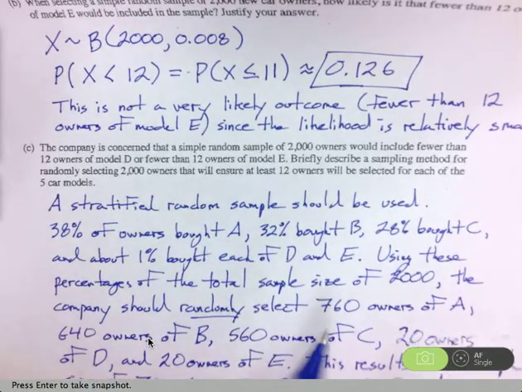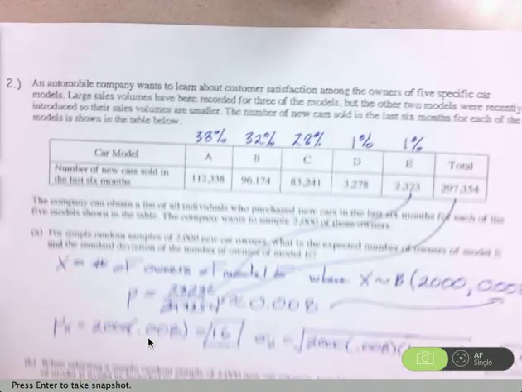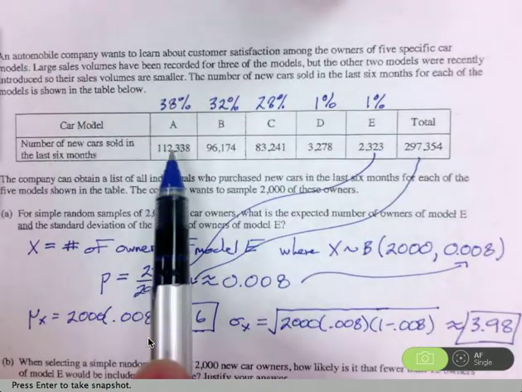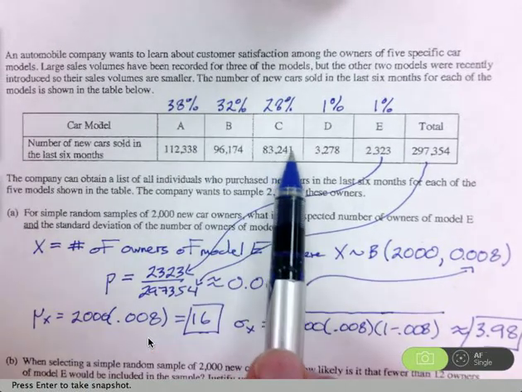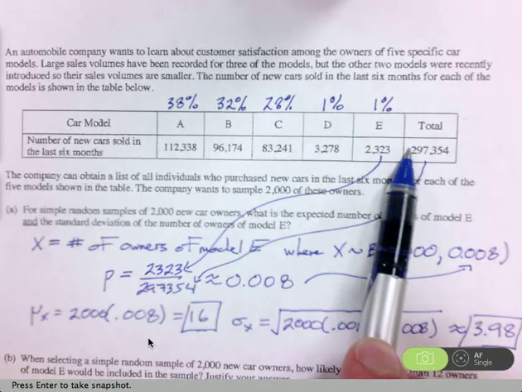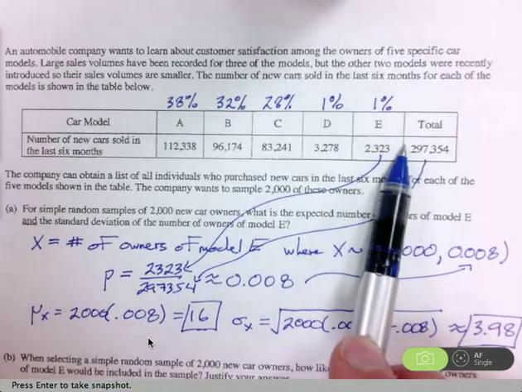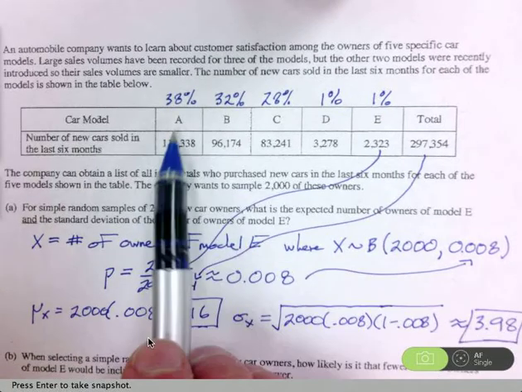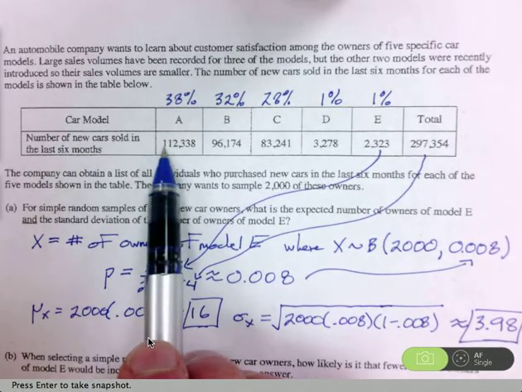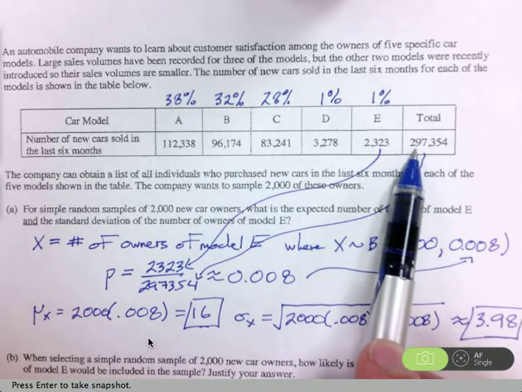What I care about most today is that you recognize this is a stratified random sample. I want to select randomly from the owners of Model A, the owners of Model B, the owners of Model C, Model D, and Model E. The way I structured this, I decided I need to divide up my 2,000 owners between all 5 of these models. So I decided to calculate the percentage, 112,338 out of the 297,354 owners.